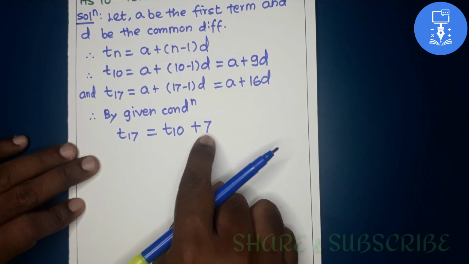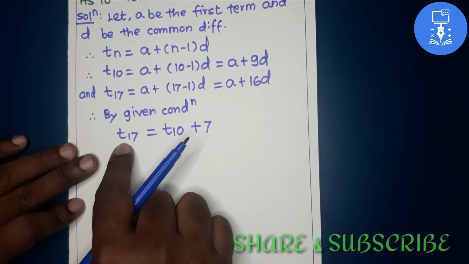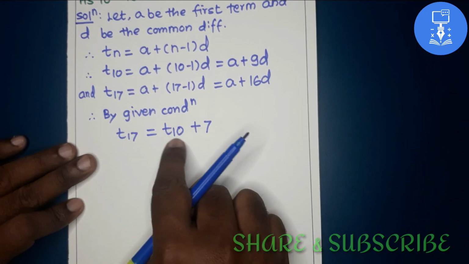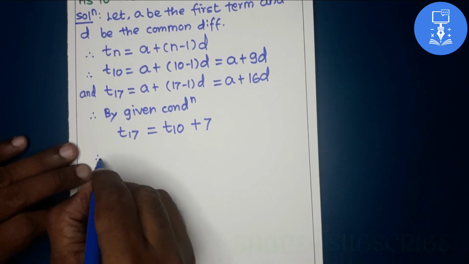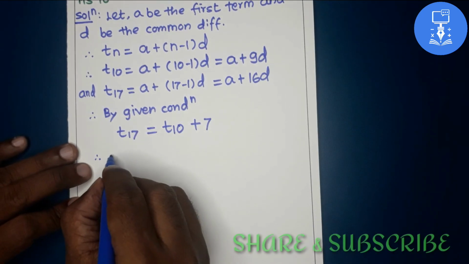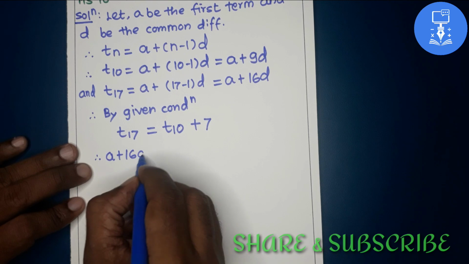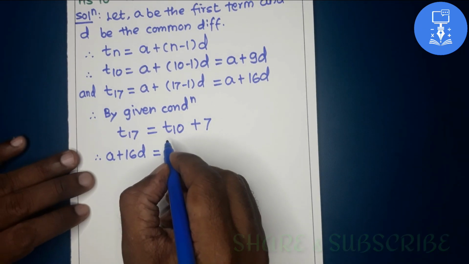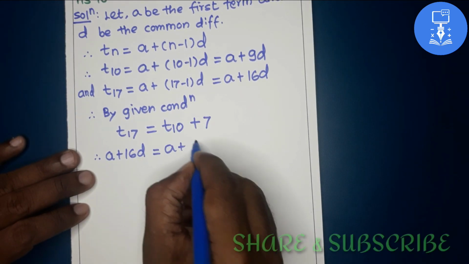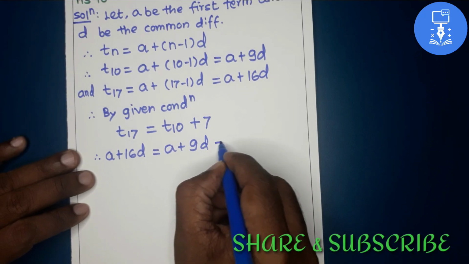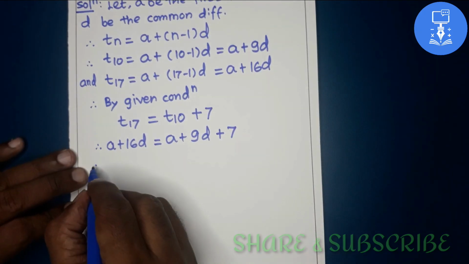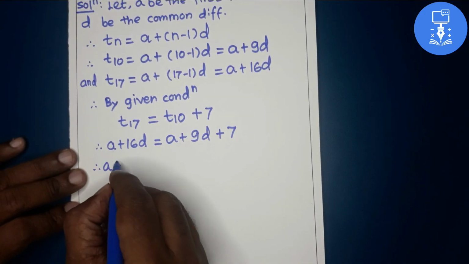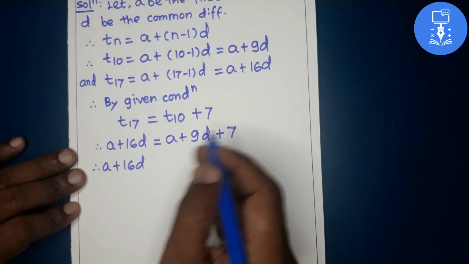Look at the way I have written the equation. Now we have to just substitute the values: the 17th term is a plus 16d, the 10th term is a plus 9d, and plus 7.